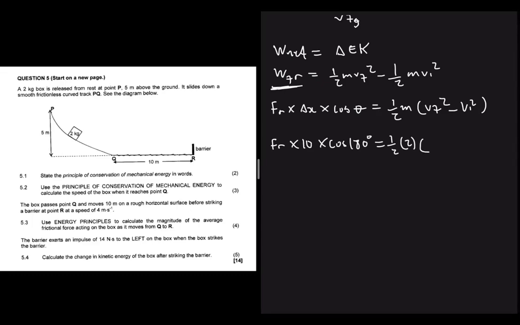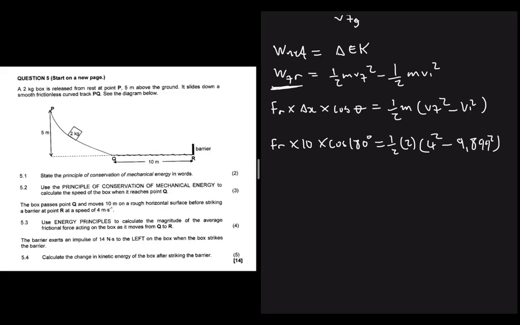Vf when it strikes R, when it gets to R, is 4 meters per second, right? So we're going to have 4 squared, and then Vi at Q is what we calculated above, 9,899 squared. So now let's make Fr the subject of the formula.